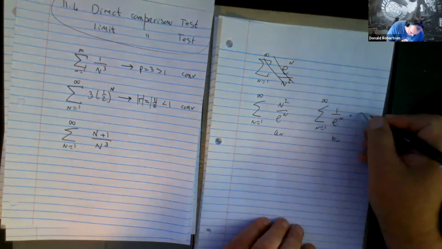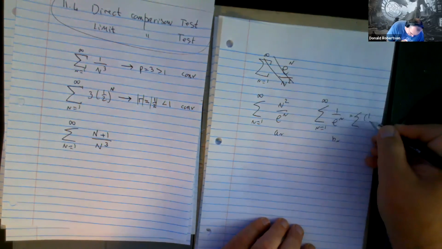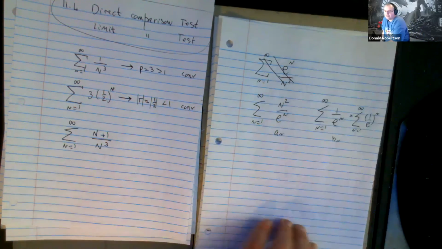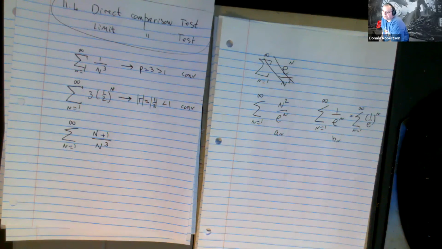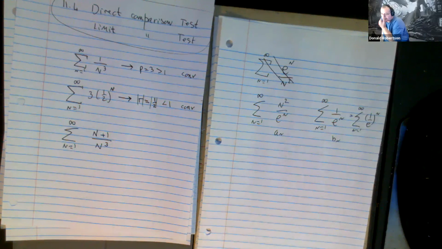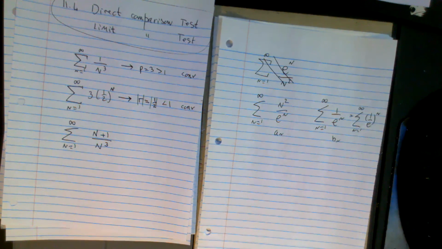If I write him like this, do you see a geometric series? Agreed? What's the r value in this geometric series? 1/e. So does this converge?